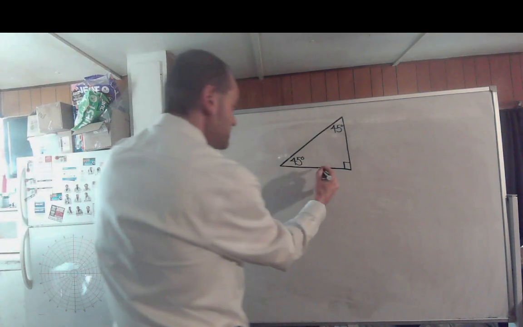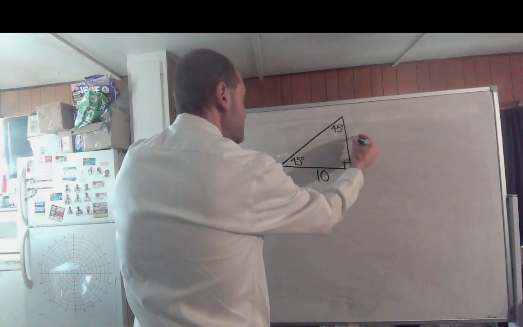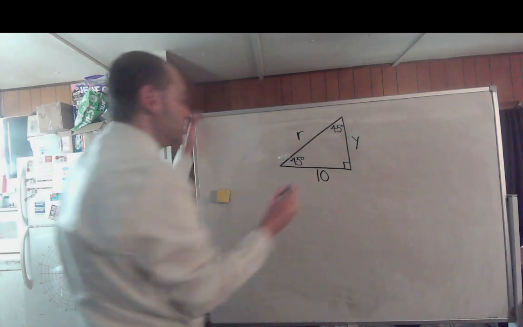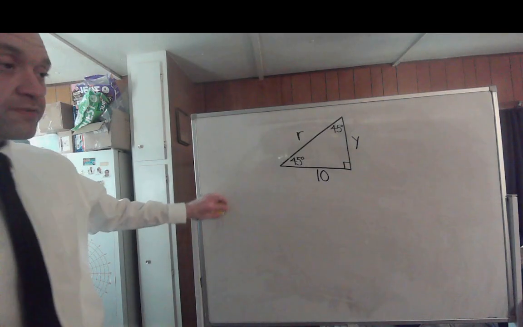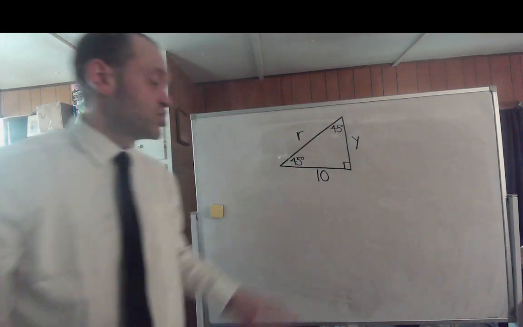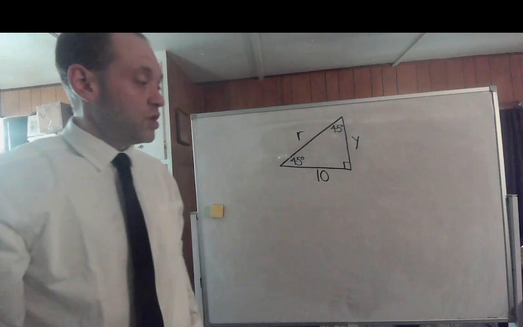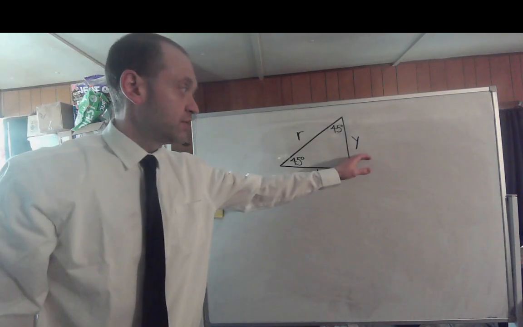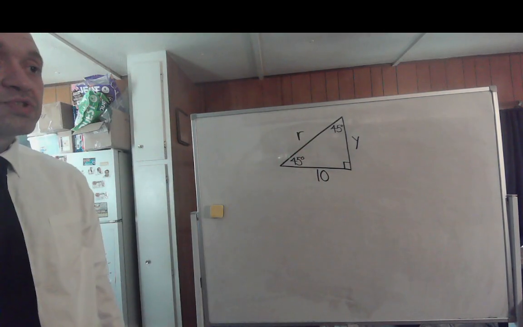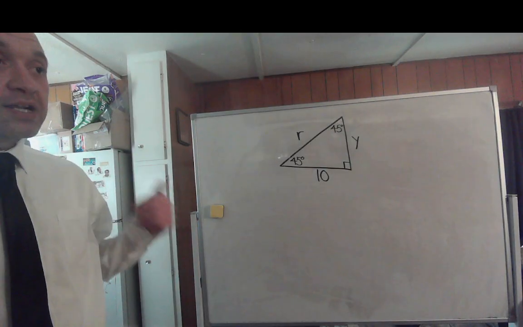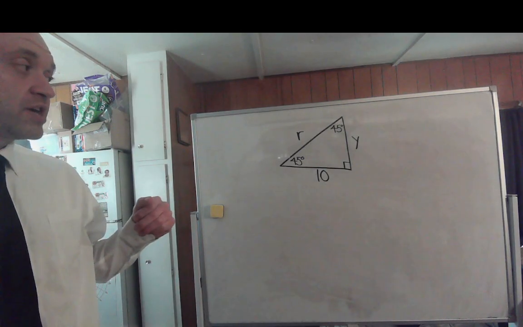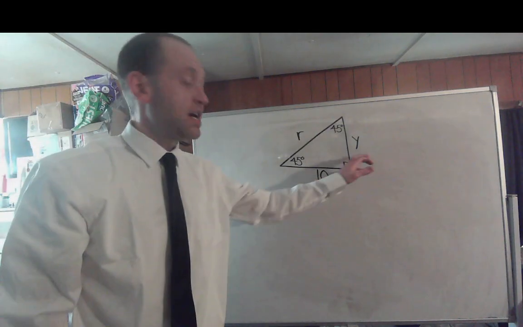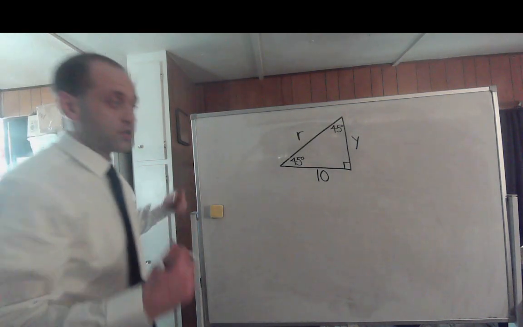They give you that this side's 10, this side's y, and then this side's r. So another 45, 45, 90 right triangle in which you know one leg across from the 45-degree angle, you don't know the other leg yet, you don't know the hypotenuse. Well, again, in a 45, 45, 90 right triangle, the 2 legs opposite the 45-degree angles are congruent to each other.